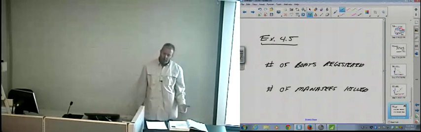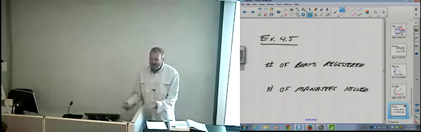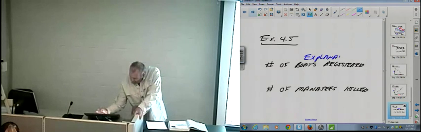Or at least that's what we're interested in. I don't know if it does, but that's what we're interested in. And so what I'm trying to tell you is this needs to be my explanatory variable. And this needs to be your response.